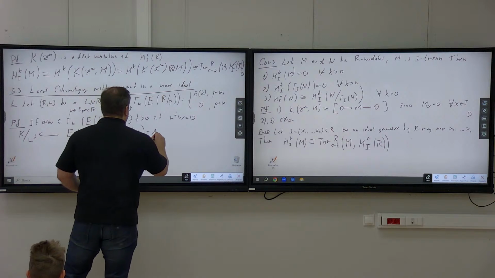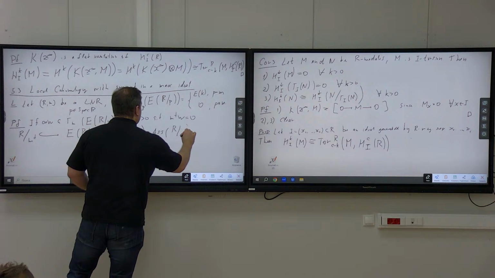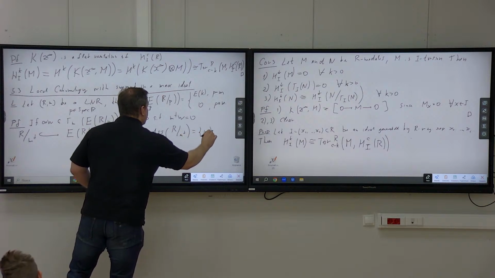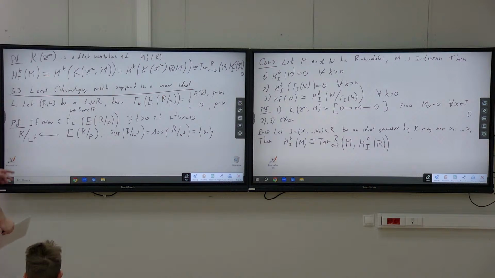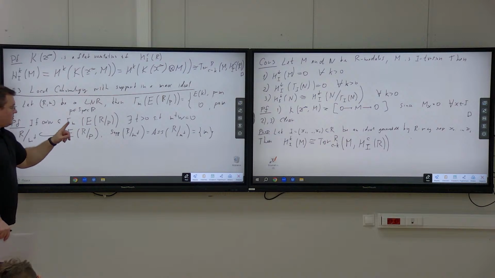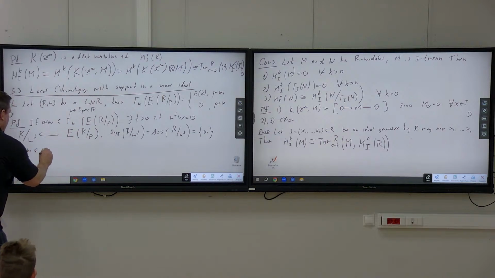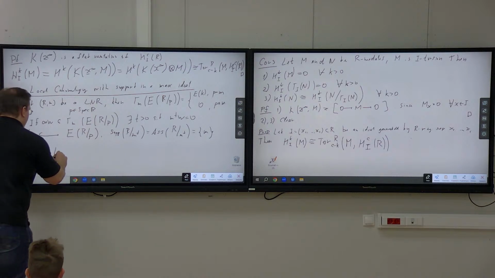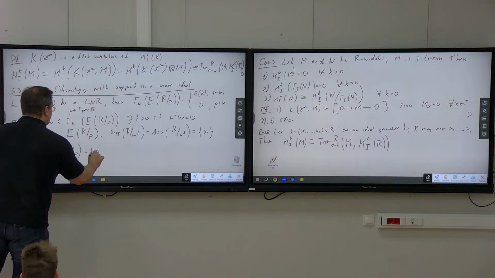This is the same as the associated primes of R/m^t, and this is just the set that consists only of the maximal ideal. Right? So this maximal ideal m is associated to this module. So m is in the associated primes of the injective hull of R/P, which we know to be equal to {P}.